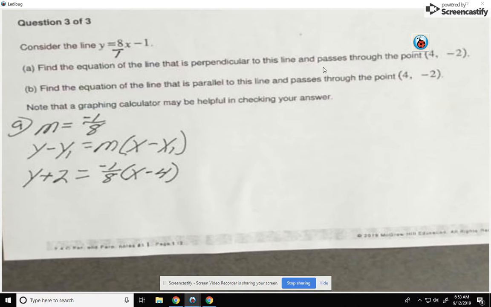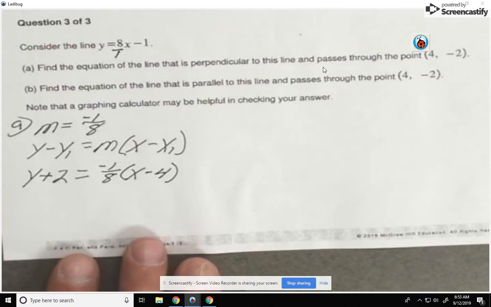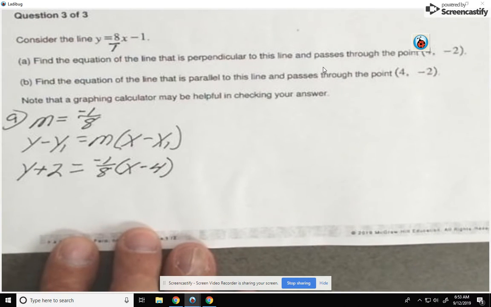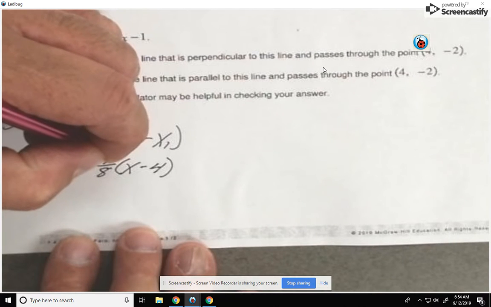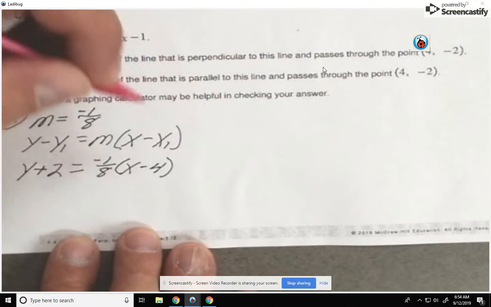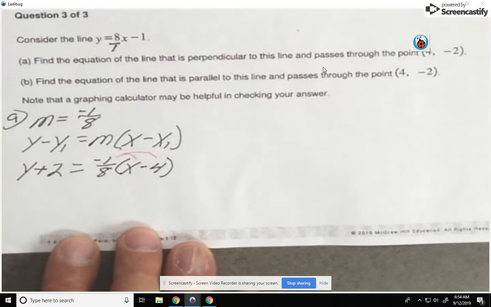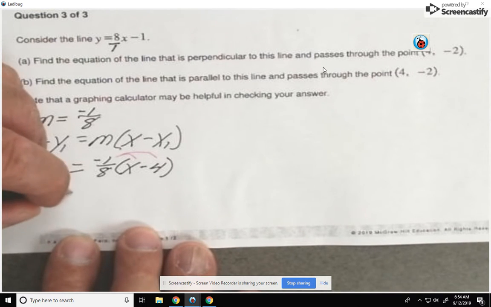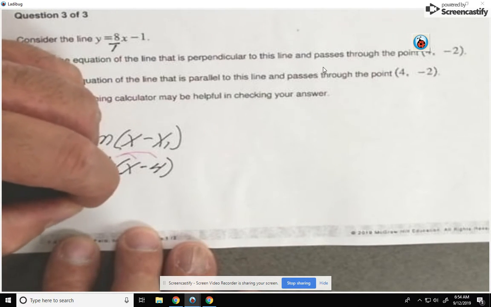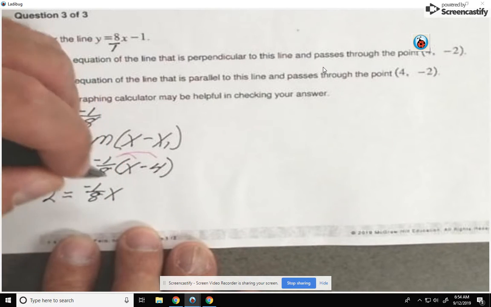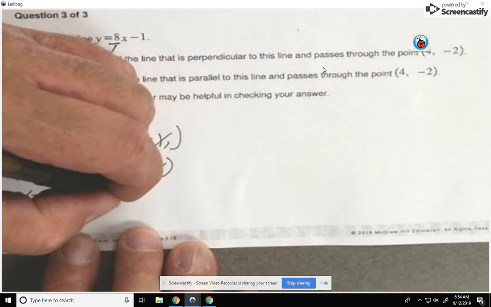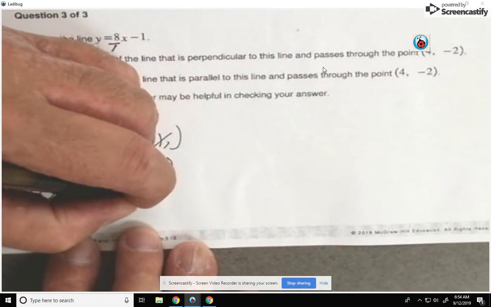From here, there's 2 steps you need to go to simplify your equation. The first is we distribute our negative 1/8 to get y plus 2 equals negative 1/8 x plus a half.